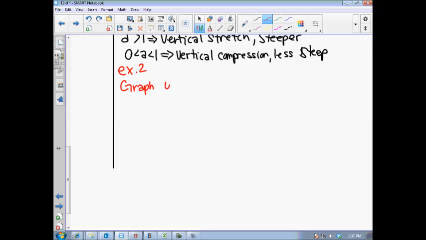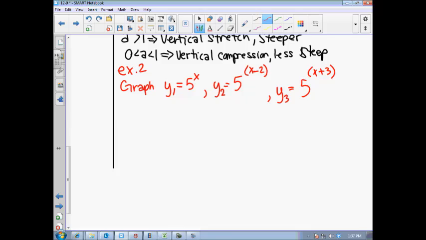Okay, graphing, our first one is y equals 5 to the x. Y2 is 5 to the x minus 2. And y3 will be 5 to the x plus 3.